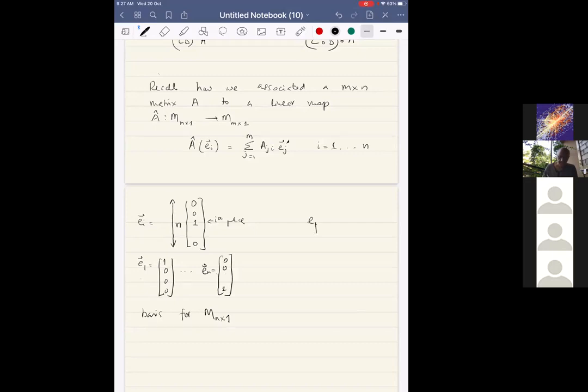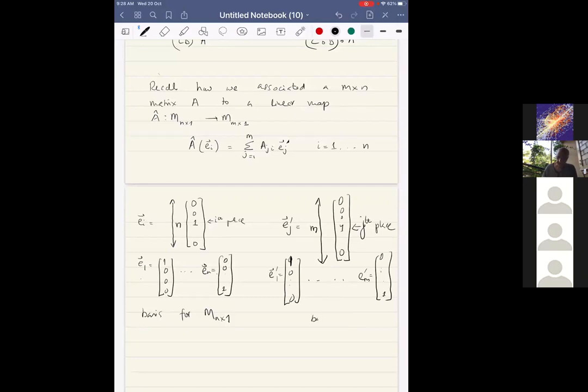Then I have E_j prime, which is 0, 0, 1 in the jth place, and this is of size M. So E_1 prime is 1, 0, 0, 0, and E_M prime is 0, 0, 0, 1. So this is a basis for M cross 1.